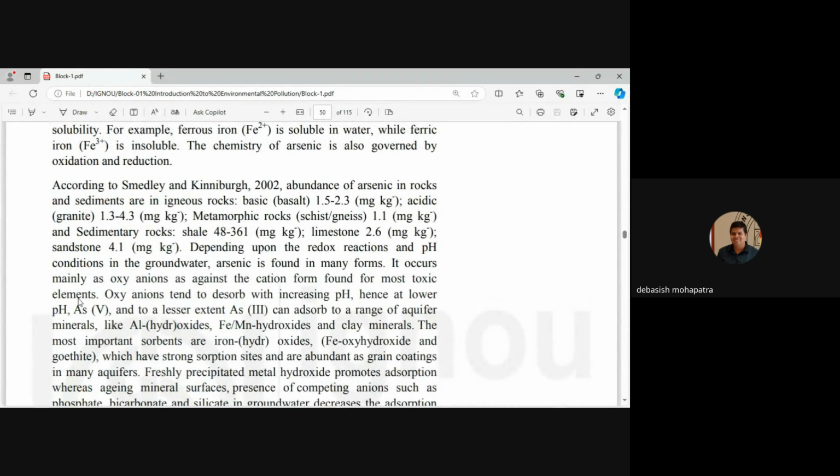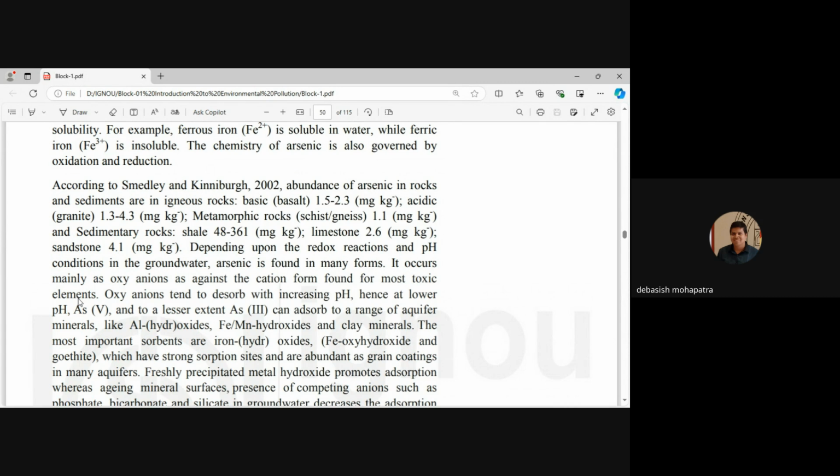According to Stanley and Kingsbank, the abundance of arsenic in rock and sediment, in igneous rock, basically basalt, acidic granites, metamorphic rocks, then sedimentary rocks, limestone, depends upon the redox reaction and pH condition in the groundwater. Arsenic is found in many forms.